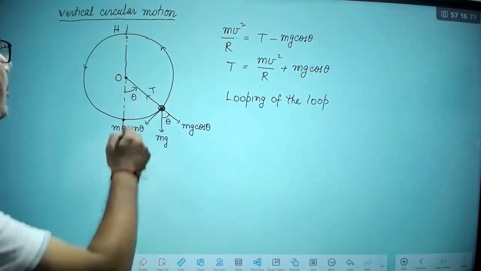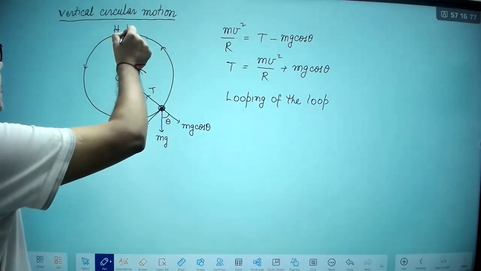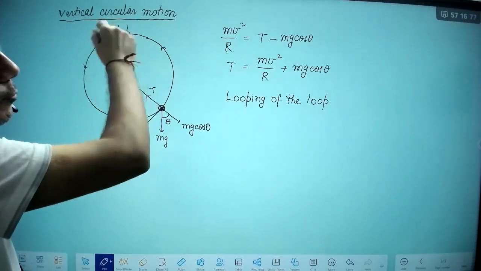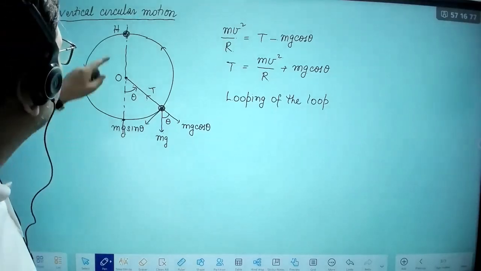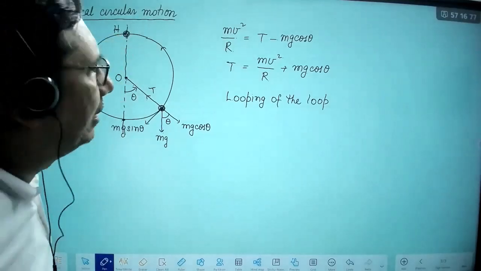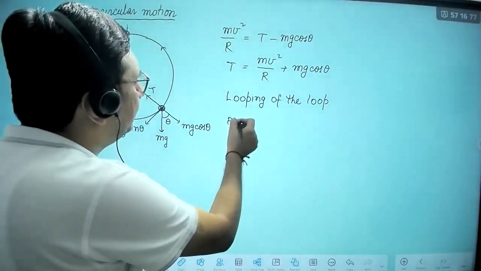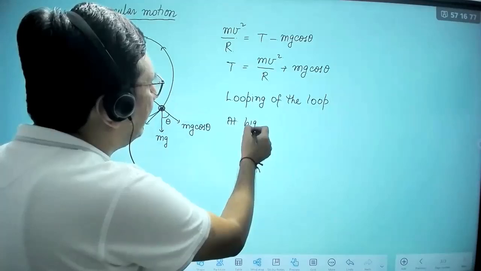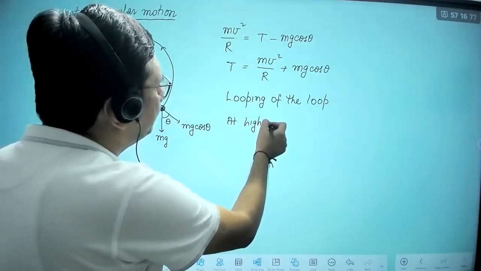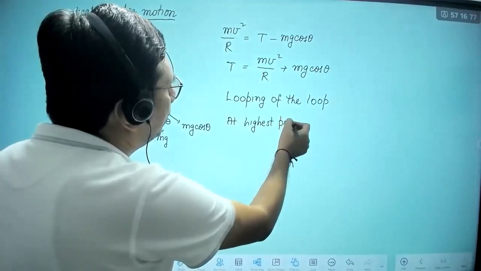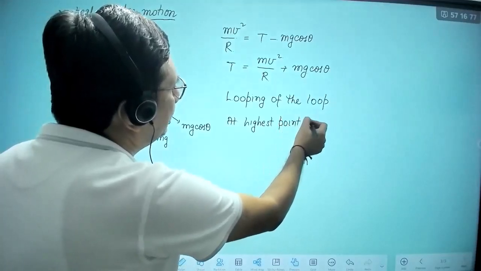Now, what do you want when this mass is at the highest point? If you want looping of the loop to take place, what should be the condition at the highest point H?